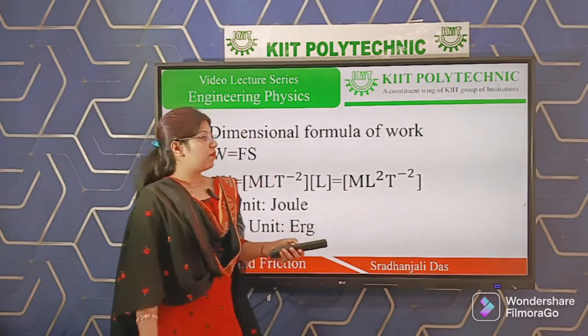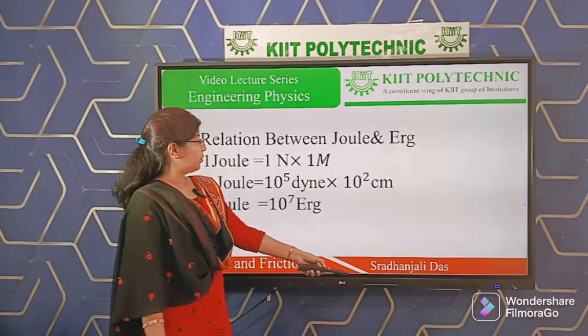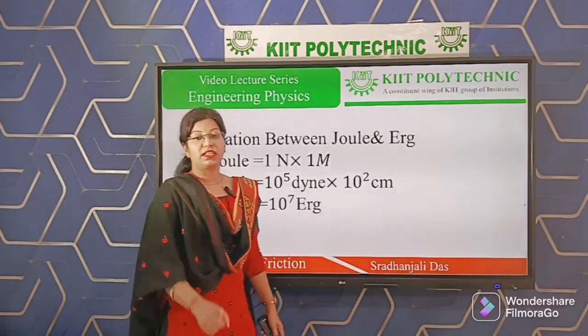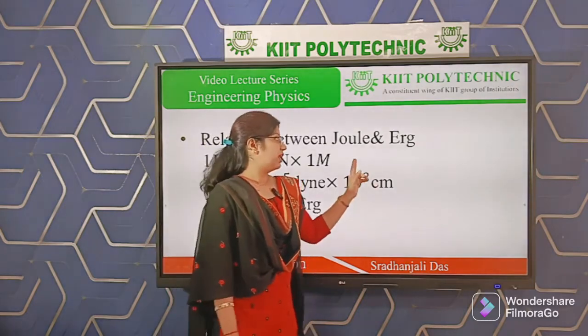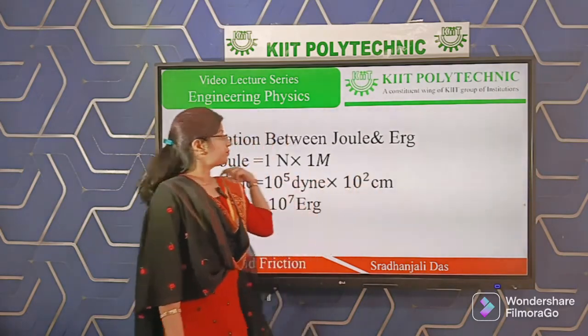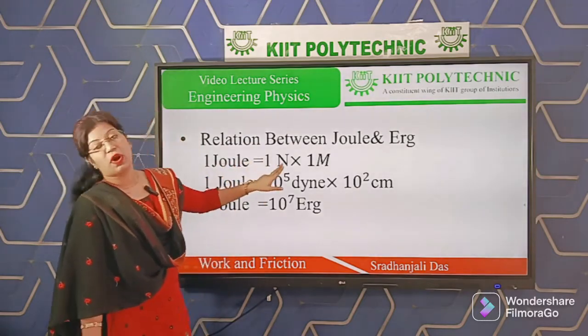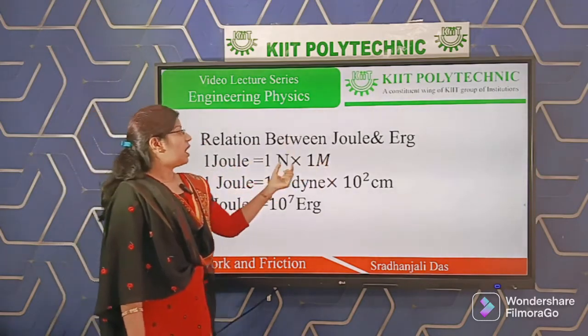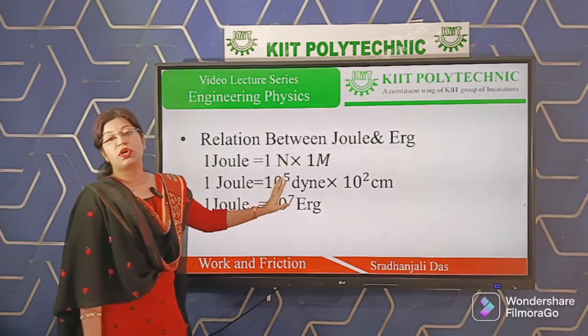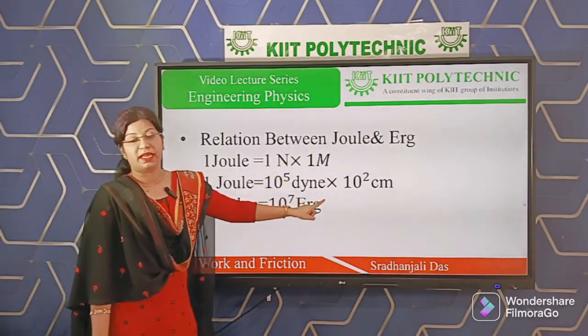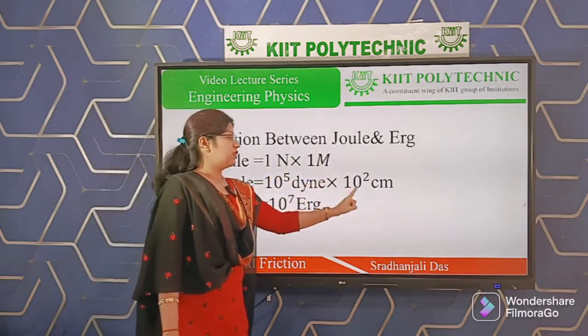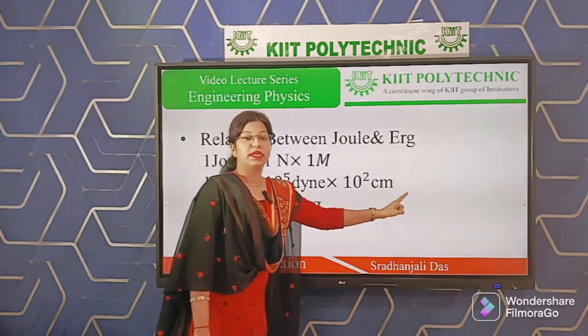Now we find the relation between the joule and the erg, which is a very important relation. As we know, 1 joule means 1 Newton into 1 meter, and 1 Newton is equal to 10^5 dyne, and 1 meter is equal to 10^2 centimeter.